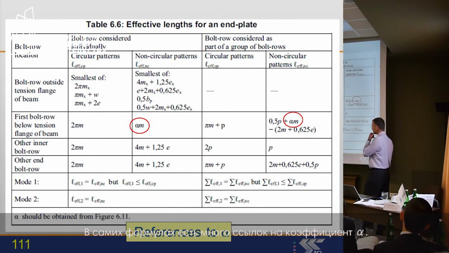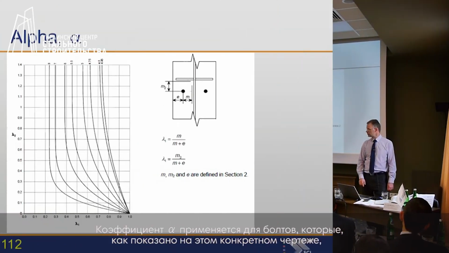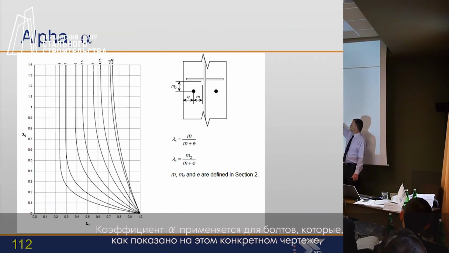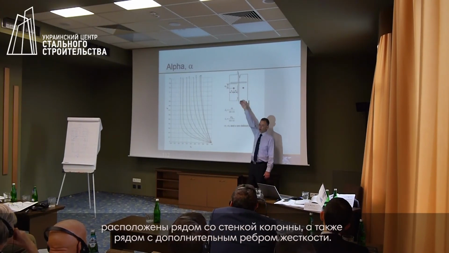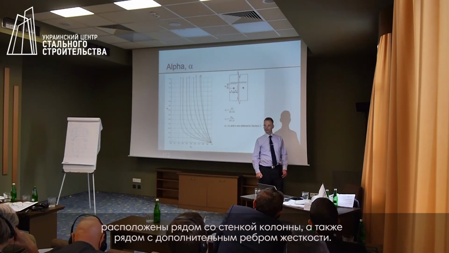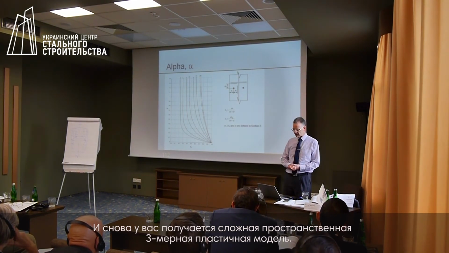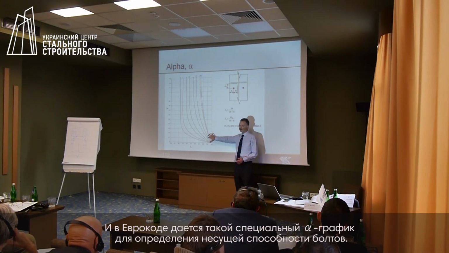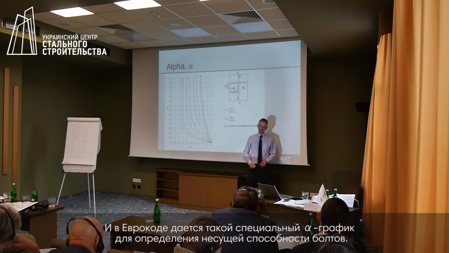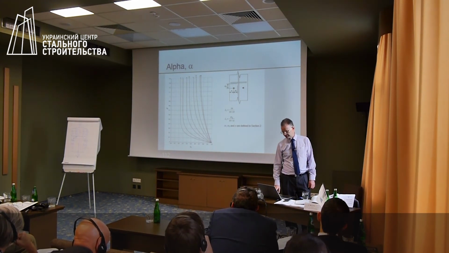Within the formula, there are many references to a value of alpha. And alpha is used if the bolt, in this particular diagram, is next to a web, but also next to a stiffener. So you would get a very complex three-dimensional yield line pattern, and the Eurocode uses this alpha chart to determine the resistance of a bolt in those locations.